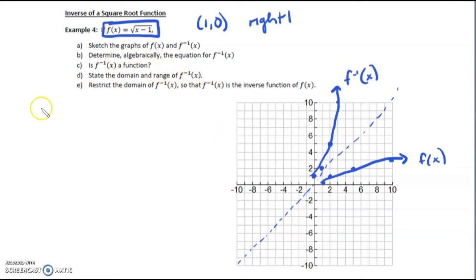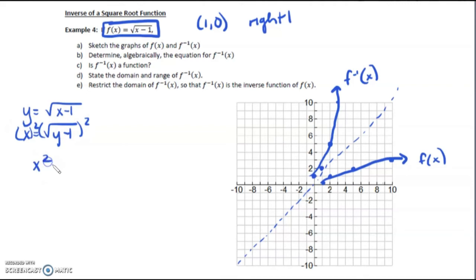Okay, determine algebraically. If we wanted to determine algebraically, we sub the y in for f of x, and then we switch the actual y and the x, and then we just solve. So square both sides.